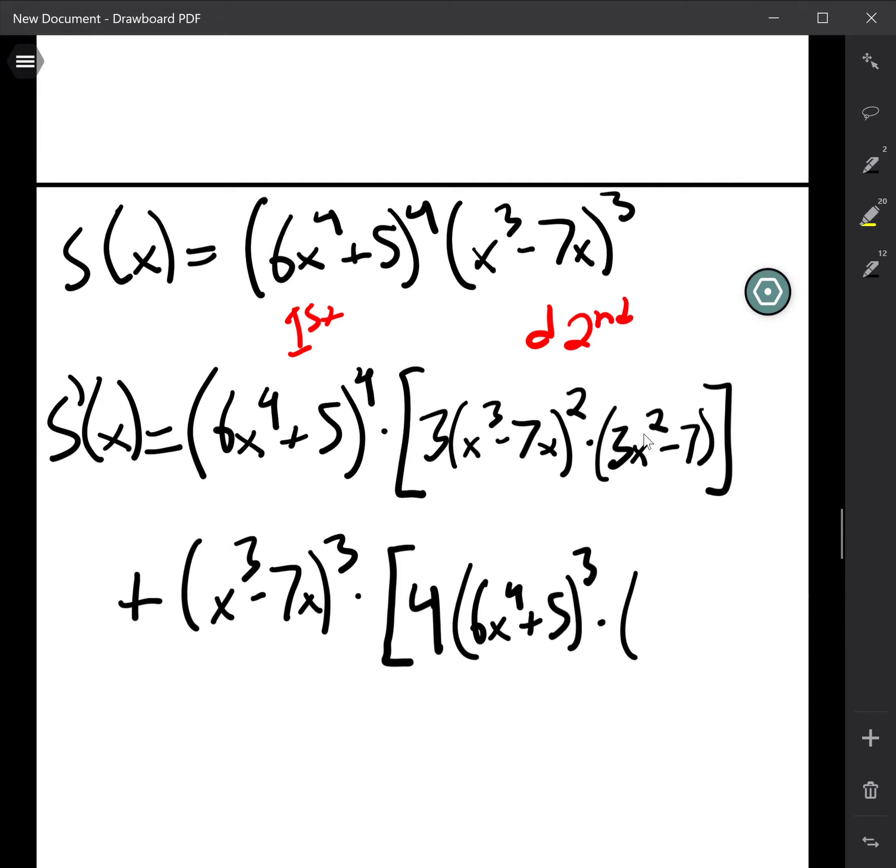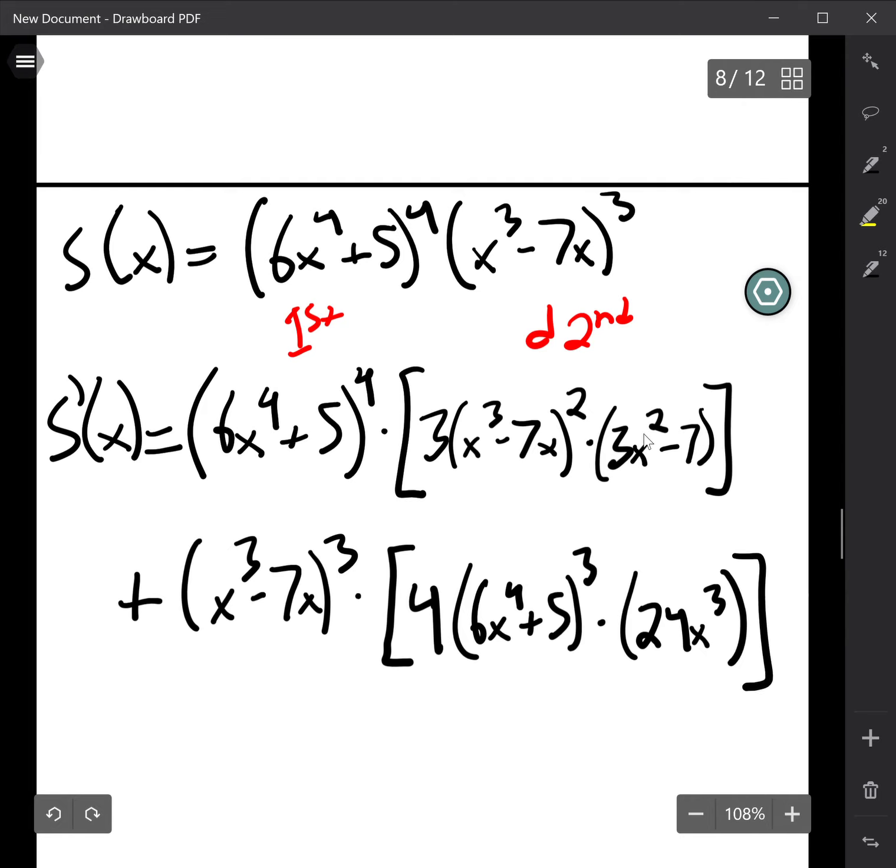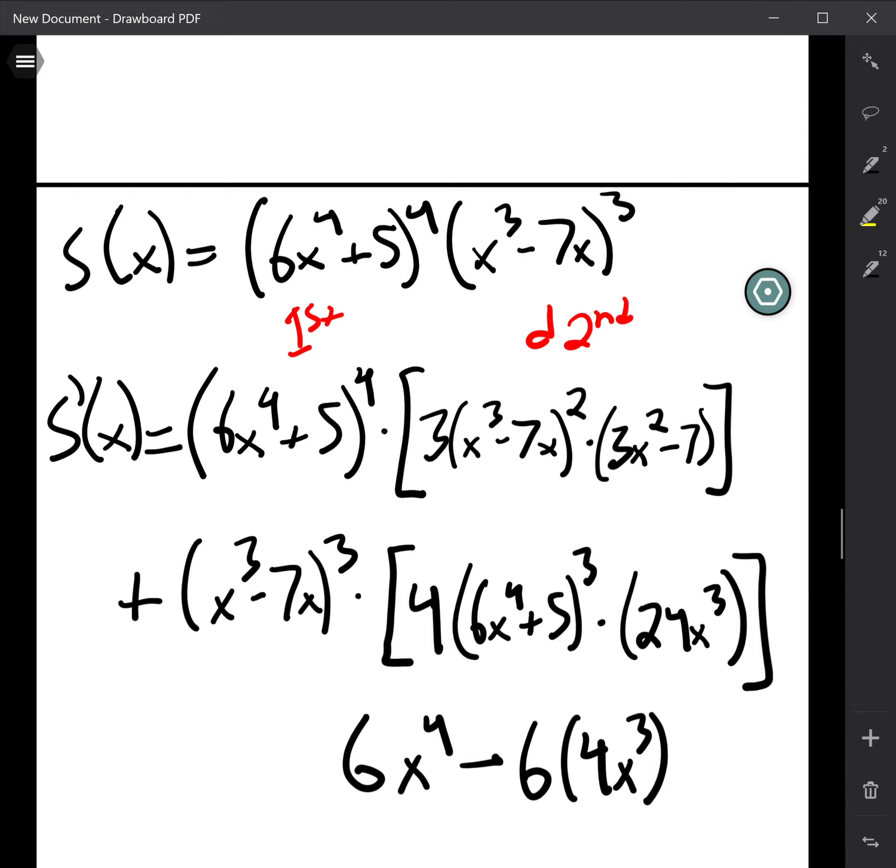Well, derivative of 6x to the fourth will be 24x cubed. And the derivative of 5 is 0 because it doesn't have a dance partner. And just as a last time I'll ever write it, when I derive 6x to the fourth, I copy the 6 and derive x to the fourth, and boom, 6 times 4 gives me that 24.